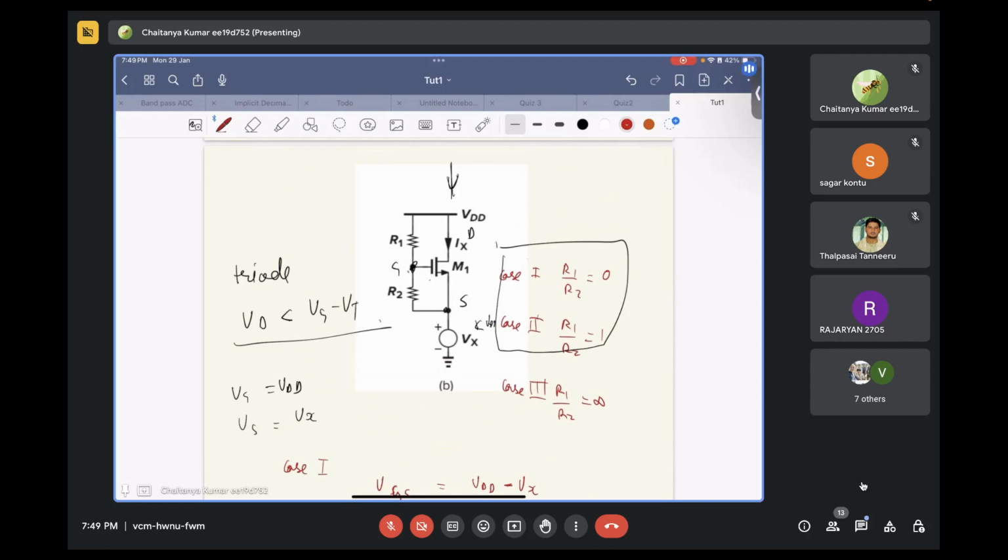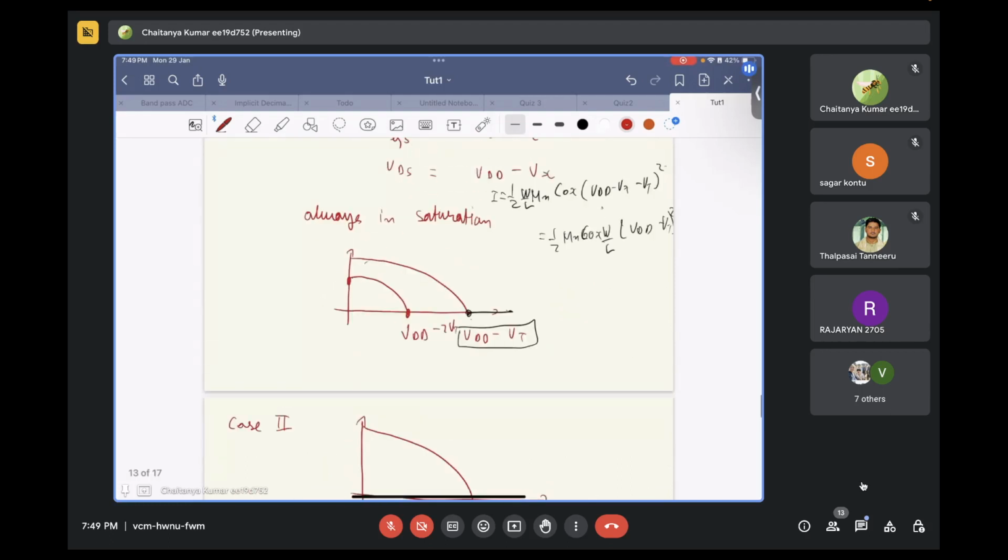In that case, your VGS will have the highest ever value. When R1 keeps on increasing, your VGS becomes lower and lower, and since your current only depends on VGS, it will be lower and lower.